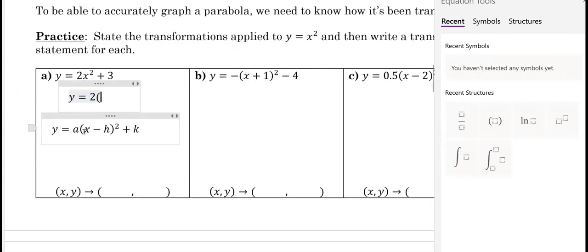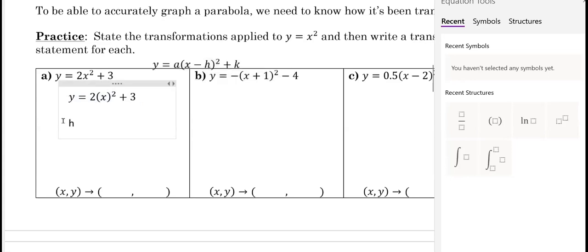Now, if we're supposed to have an x minus something, to the power of 2 plus 3. Well, if I want to make these two equations the same, what do you think I have to use for this letter h in here? Correct, it's got to be a 0, because x minus nothing gives me x, and that'll match this equation. So now I know that the h value is going to be 0 in this particular case.